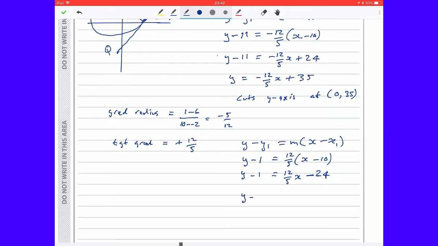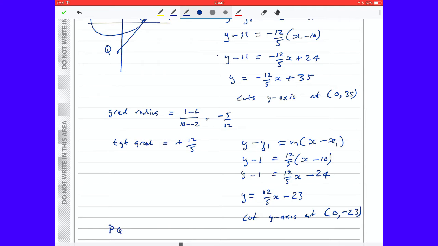So y is equal to 12 over 5 x. Now -24, when the -1 comes across, it becomes plus 1. -24 plus 1 is -23. And that cuts the y-axis at 0, -23.